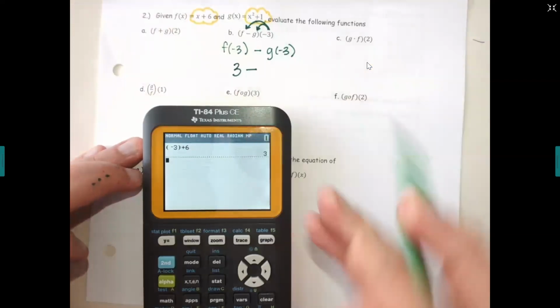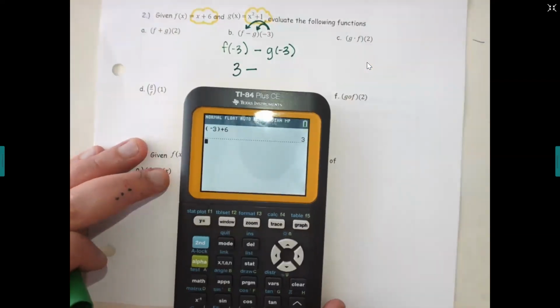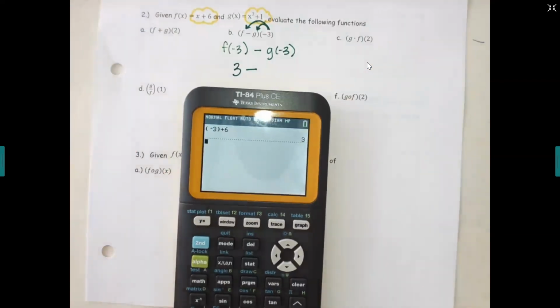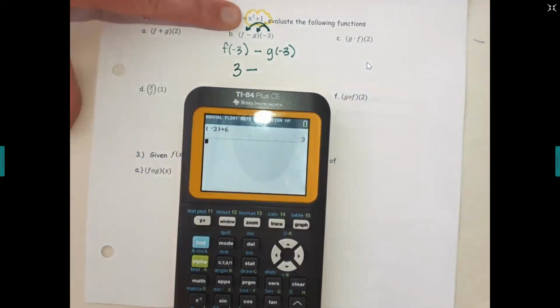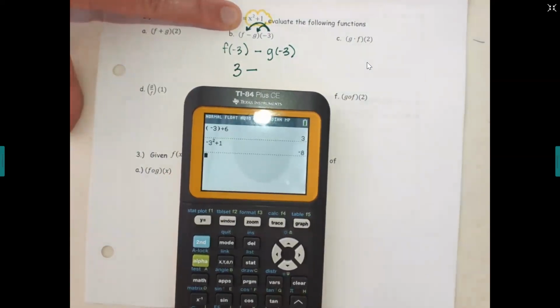3 minus. Okay, next I want G of -3. Well, then I'm going to go to G's formula and plug in a -3 where I have an X. What's my G formula? Okay, make sure this is wrong. If you are plugging a negative into an exponent, you have to use parentheses. So -8 is not the correct answer.